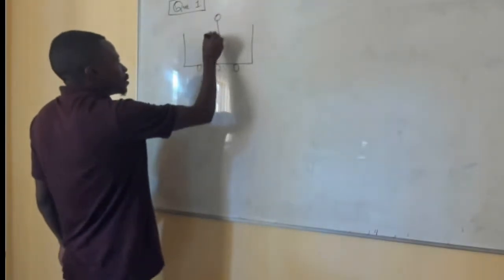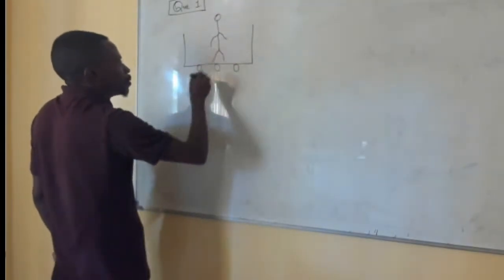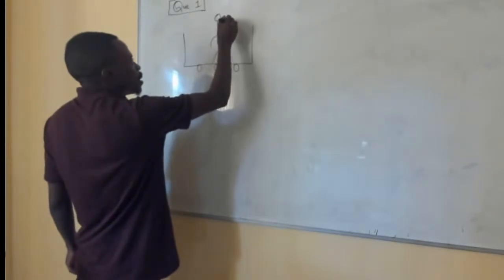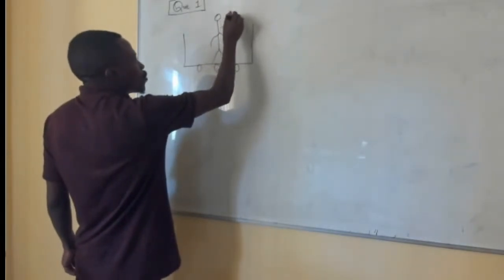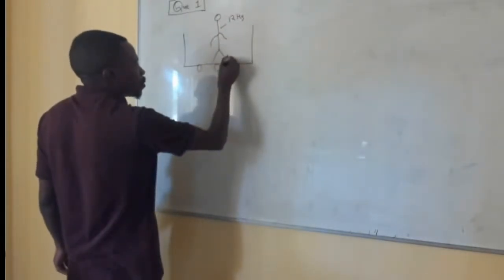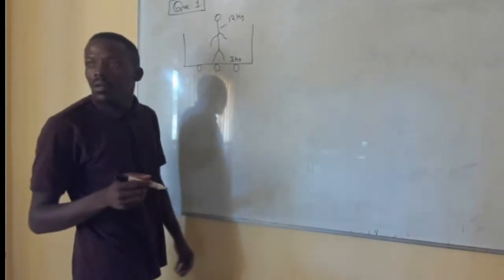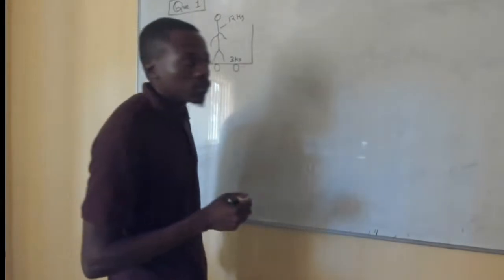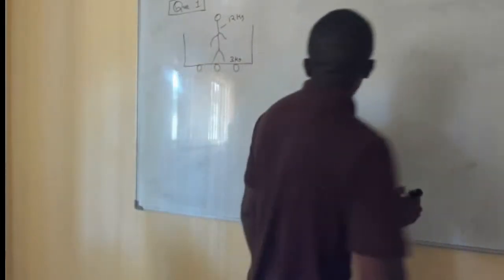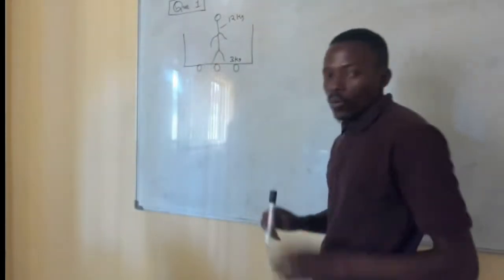And this is Leandro's sister, who weighs 12 kgs, and then the wagon weighs 3 kg. There is mass reflection here, so you start from the middle and go on the other side.